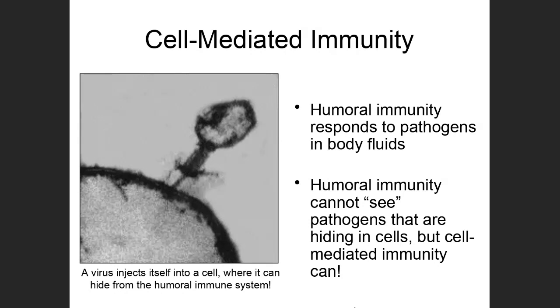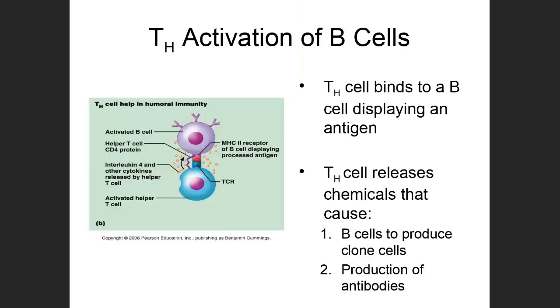When we were looking at humoral immunity, I mentioned that the major cell type that gets things going are the B cells or B lymphocytes. With cell-mediated immunity, that role is played by T cells or T lymphocytes. Those are the white blood cells that complete their maturation within the thymus.